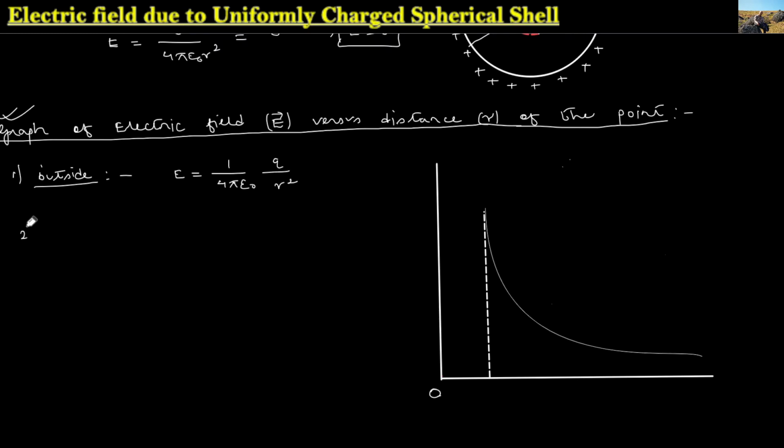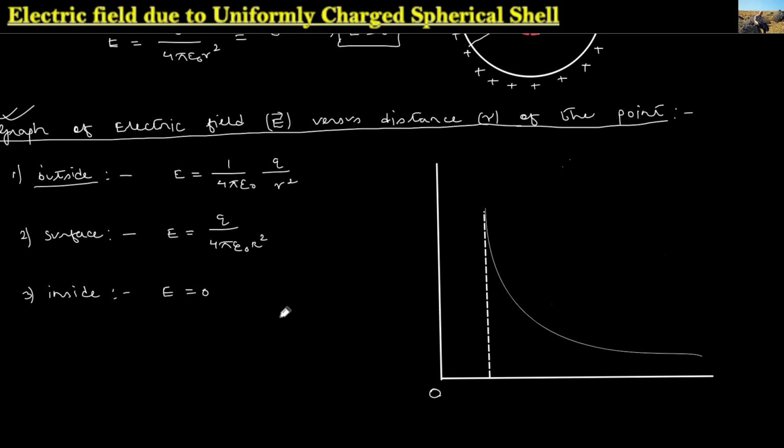And number two, for a point which is on the surface, E will be equal to Q divided by 4 pi epsilon naught capital R square. And for a point which is inside the spherical shell, our electric field is 0.